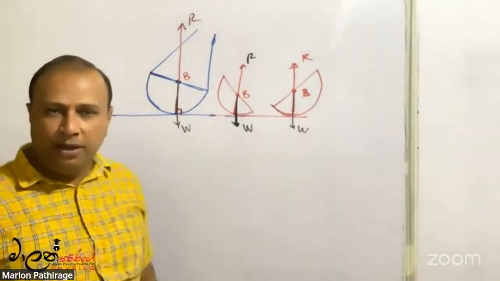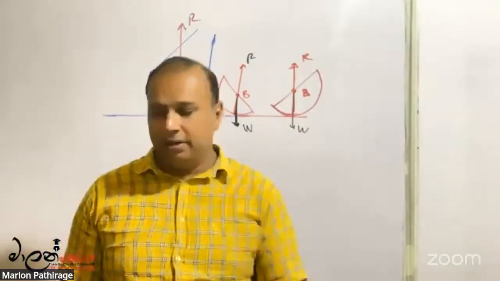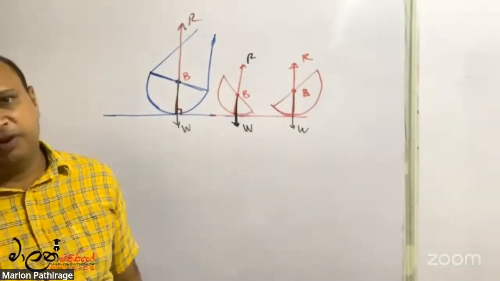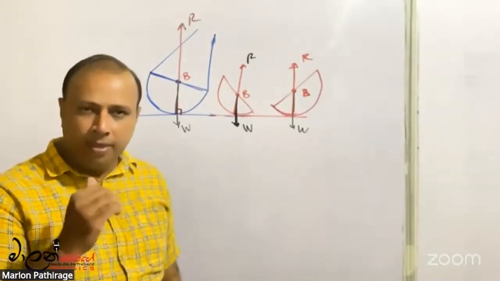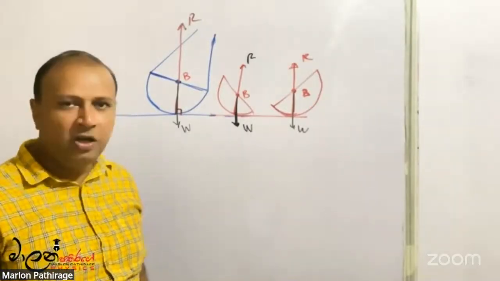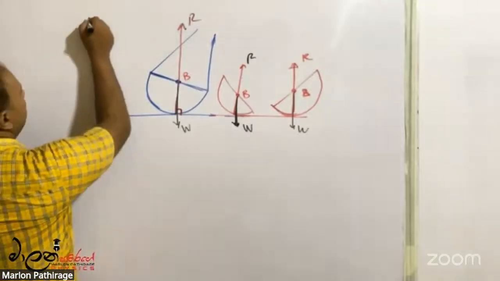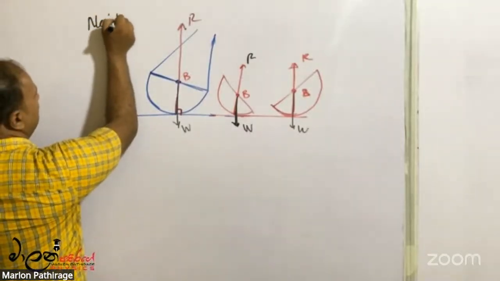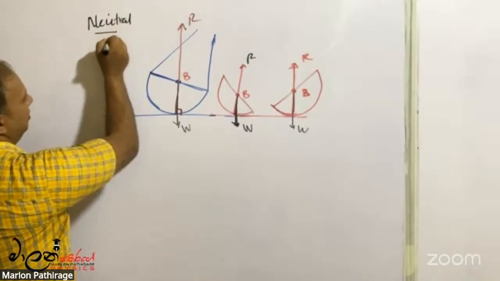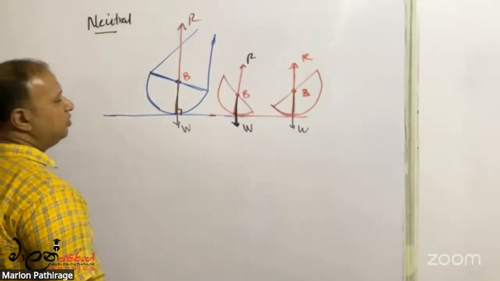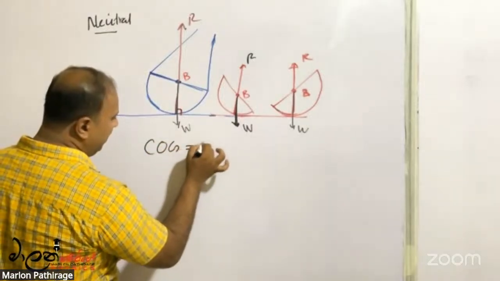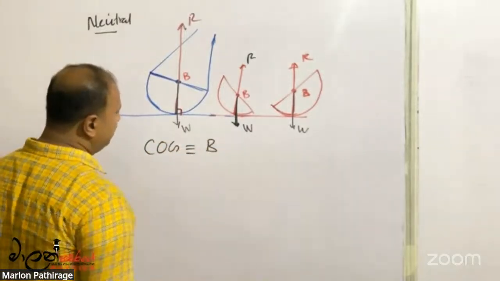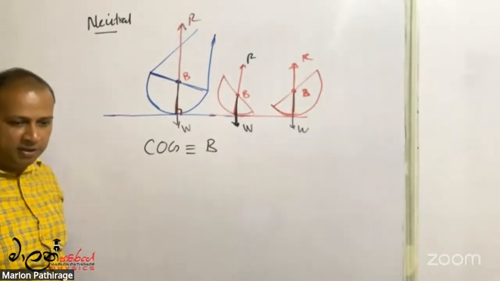If they are collinear, definitely they will not create any moment. Therefore, the neutral condition means definitely the center of gravity should be located at point B.